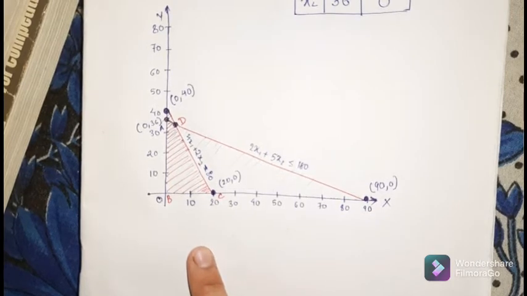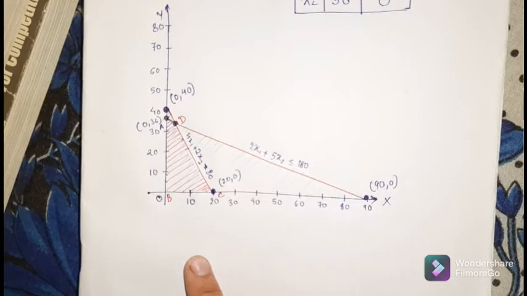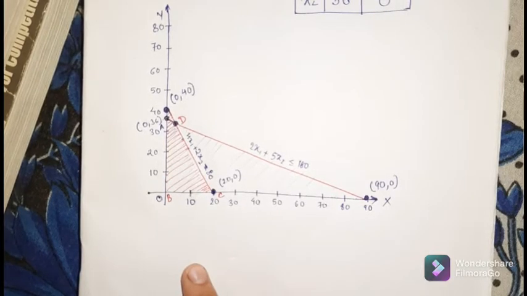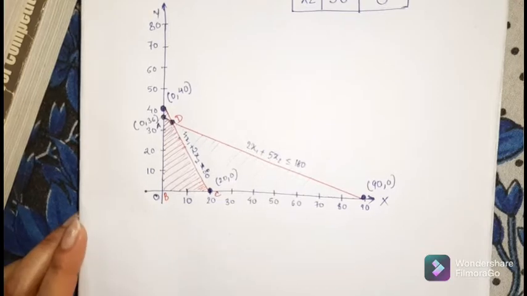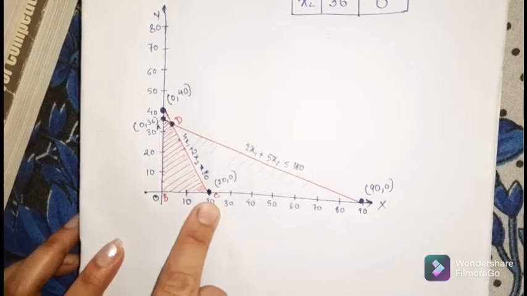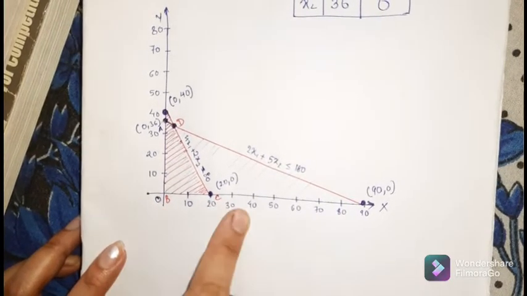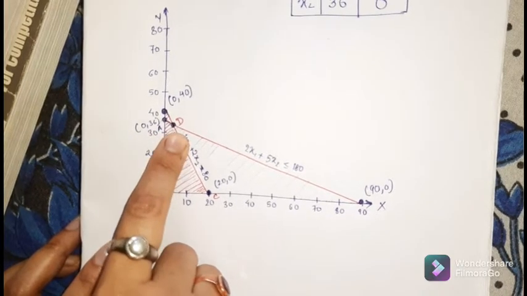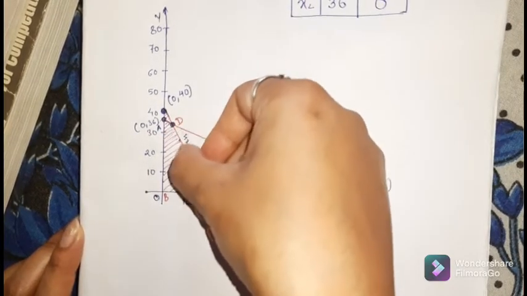In these corner points we now have to find the value of the objective function, and from that find out at which point the value of z is maximum. So B is 0 0, C is 20 0, A is 0 36, but what about D? We have to see what D is.